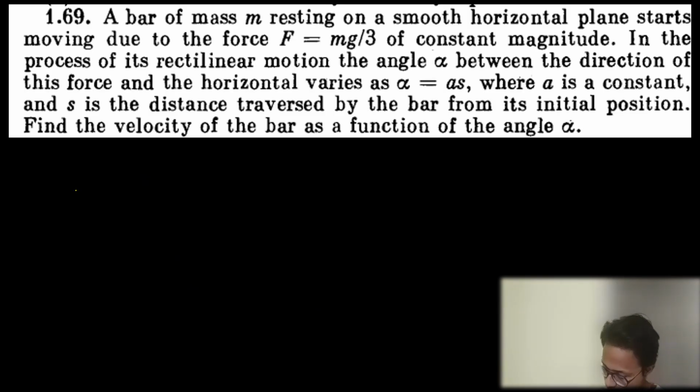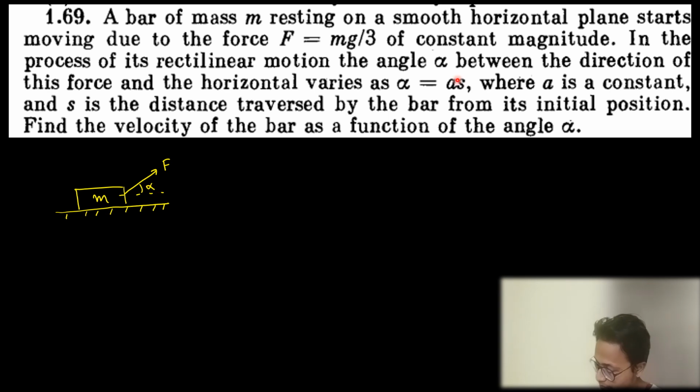Now out here what the question is saying is that there is a block that is kept on smooth ground. There is a force acting making an angle alpha with the horizontal, but right now this alpha is not constant. This alpha varies with the distance it travels. Suppose at t equal to 0 the block was out here, at t equal to 1 second or 2 seconds the block has traveled this much distance.